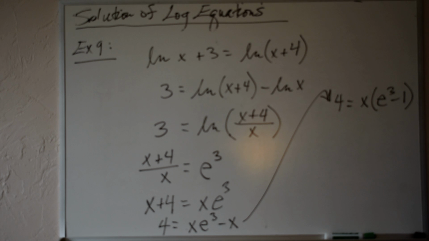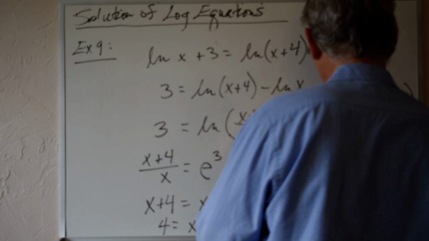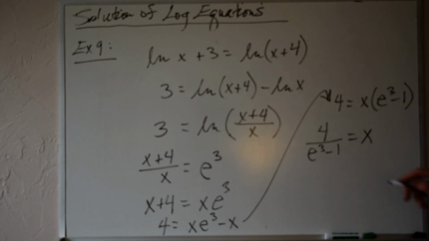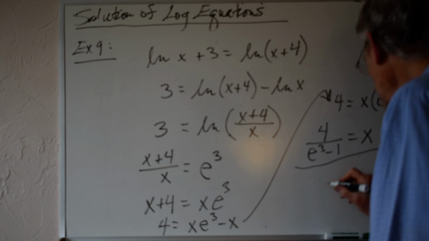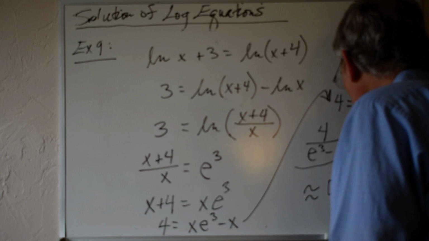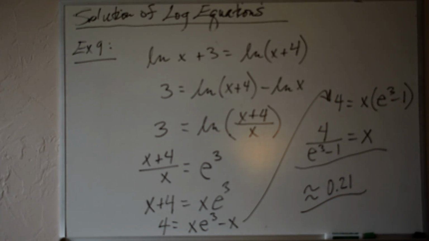I arrive there: 4 equals x times e cubed minus 1. Divide each side by this number here, e cubed minus 1. And there's my answer. If you want a decimal approximation, it turns out it would be approximately 0.21.